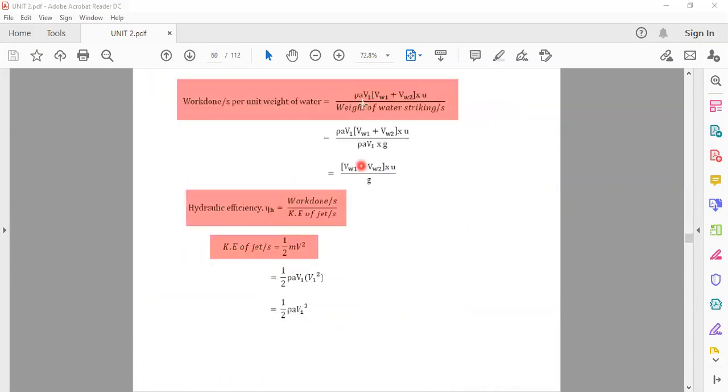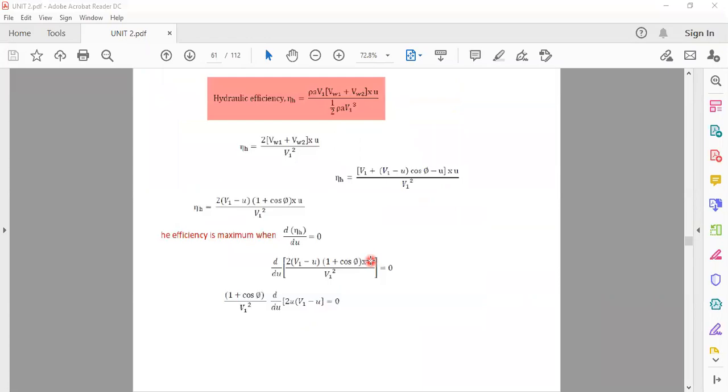So work done per second per unit weight of water equal to rho a V1, VW1 plus VW2 into U, over rho a V1 into g, so VW1 plus VW2 into U upon g. Hydraulic efficiency equal to work done per second over kinetic energy of the jet per second. So KE of jet per second equal to 1 half m v square, so 1 half rho a V1, V1 square equal to 1 half rho a V1 cube.